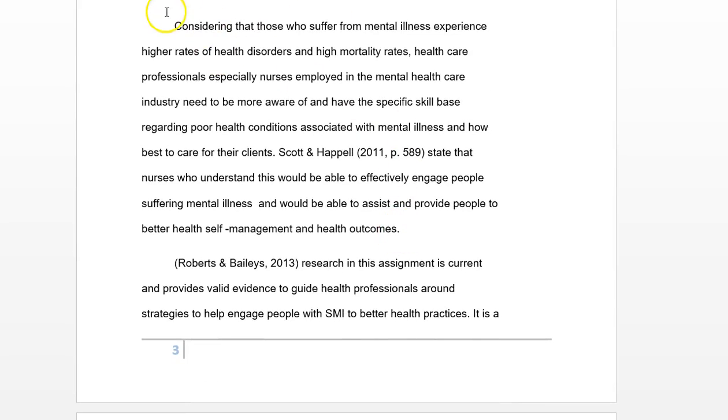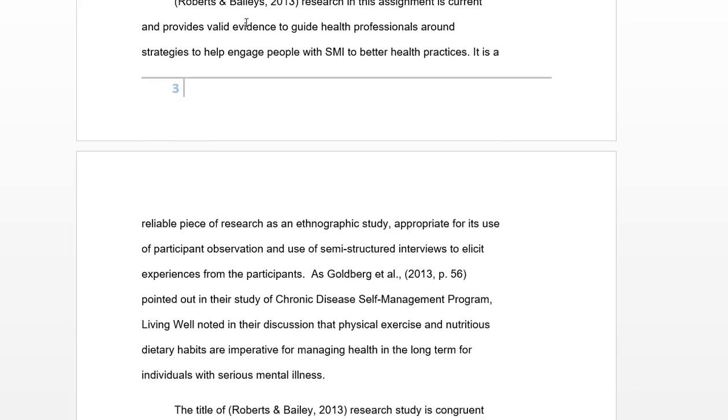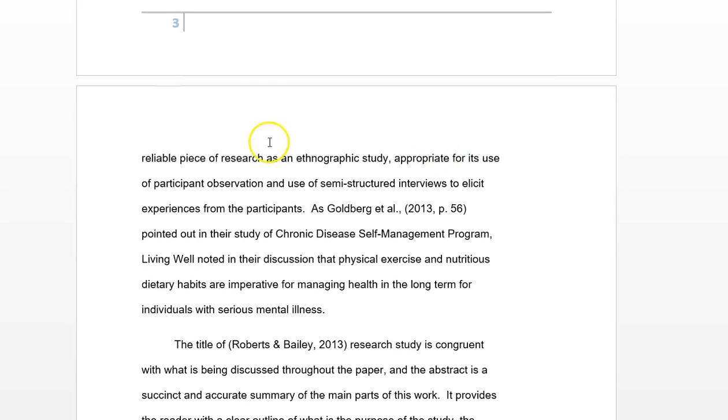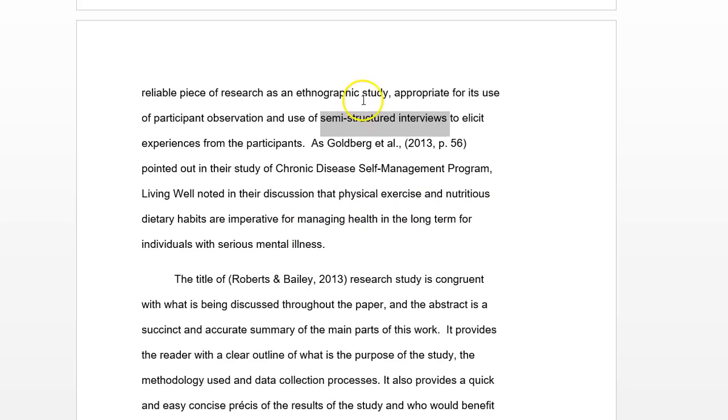Now, we then come back to the methodology, and they're looking at the sampling. So this tells us here the data collection tool. They're actually using semi-structured interviews. Now, what I need to know here is, is this appropriate for this type of study?